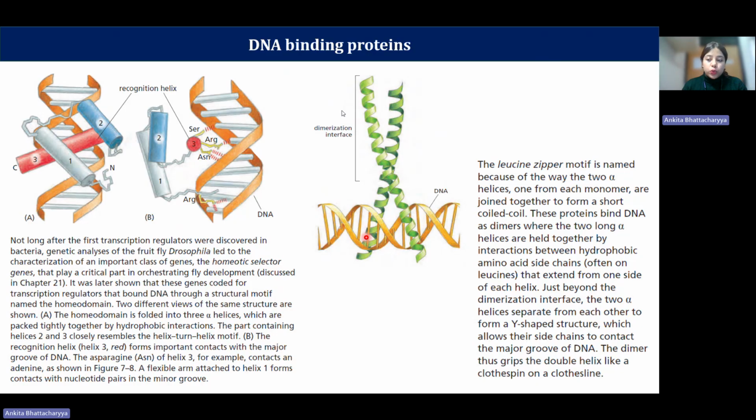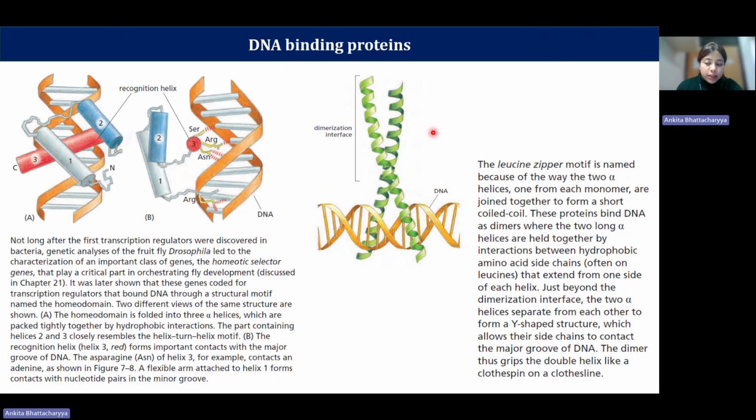Then among the different motifs, the leucine zipper motif is named because of the way that these two alpha helices, one from each monomer, are joined together to form a short coil structure. So these proteins bind as dimers, where the two long alpha helices are held together by interactions between hydrophobic amino acid side chains. Usually these are leucines that are present at the dimerization interface between the two coil structures that you can see.